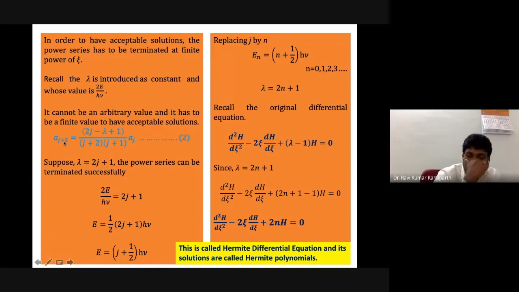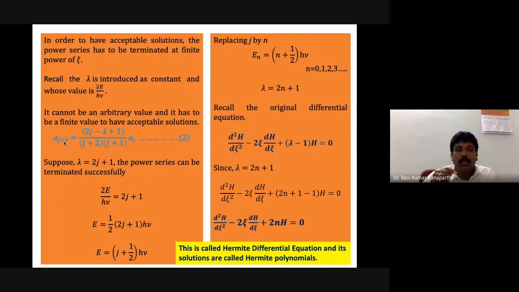For example, suppose lambda is 13. If lambda is 13, 2j plus 1 is equal to 13. Basically, if lambda and 2j plus 1 are both the same, then it is possible to terminate. If lambda is 13, 2j plus 1 is equal to 13. That means j is equal to 6.